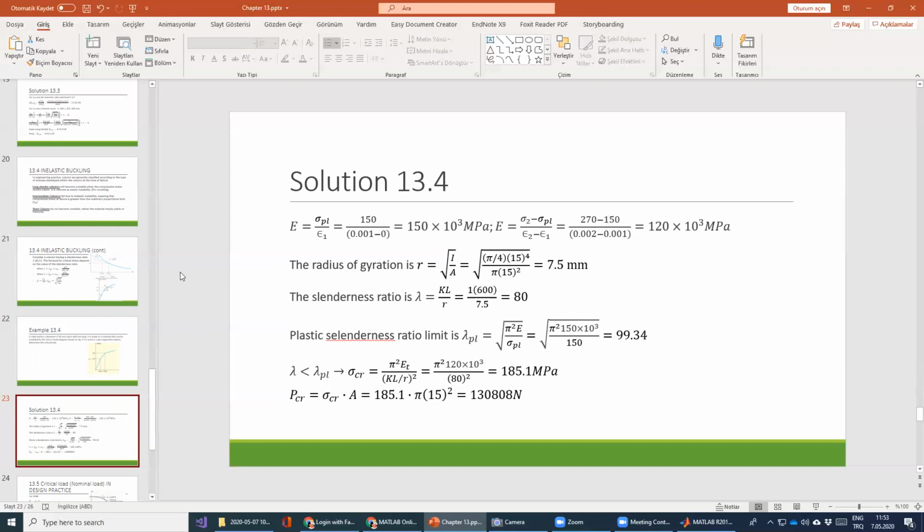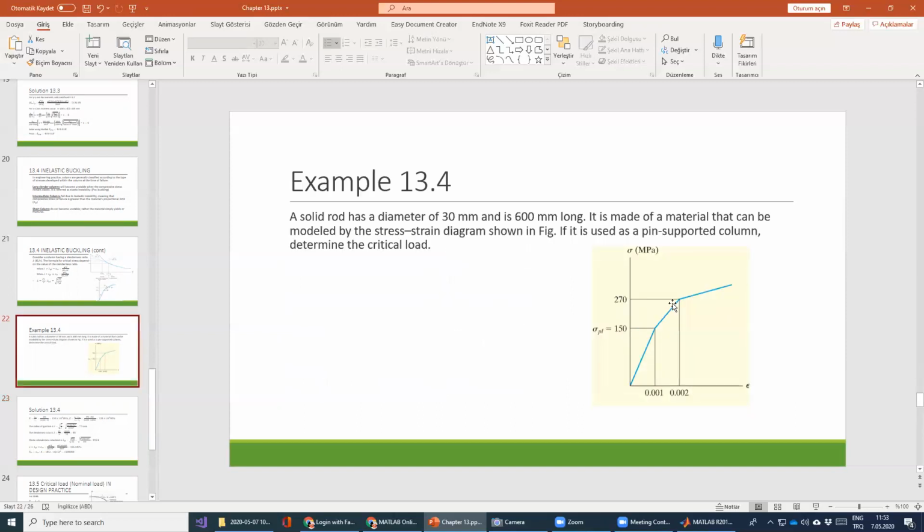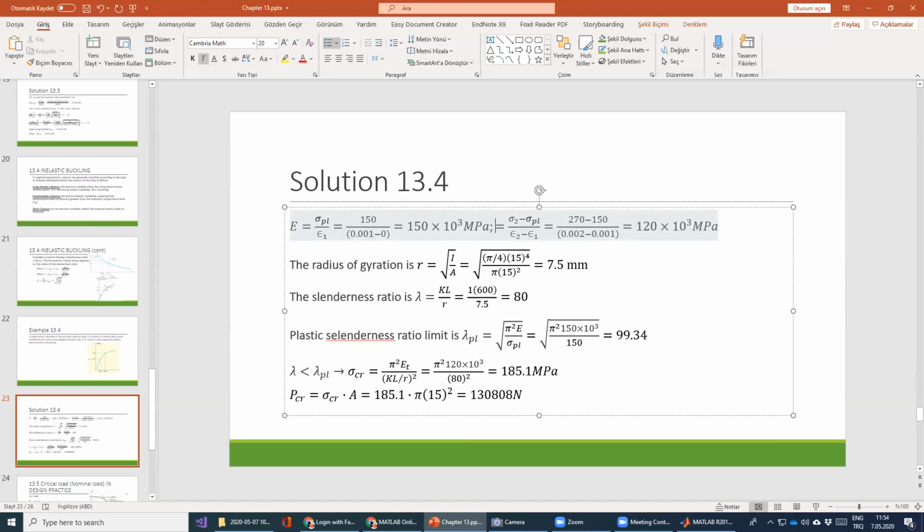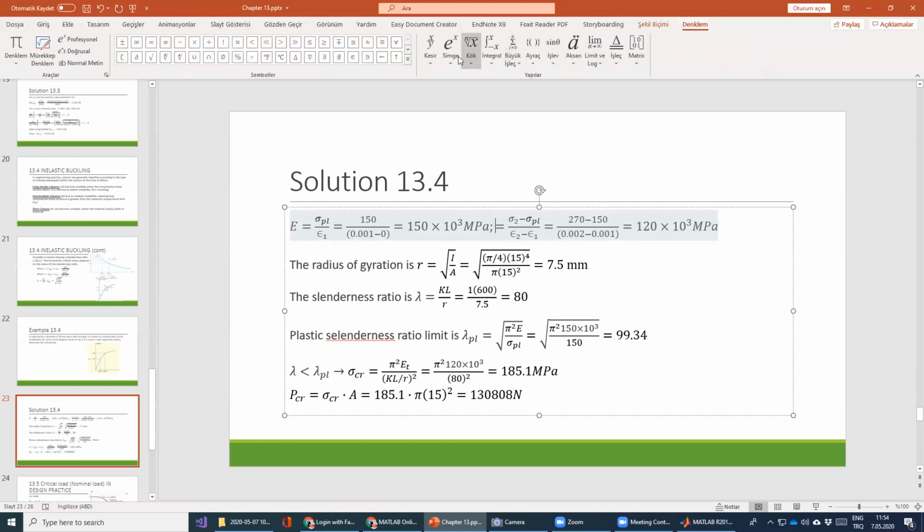In the second case, for this line, I subtract 150 from 270, divided by 0.002 minus 0.001. After computing this, sorry, this should be 18. I made a little mistake here.